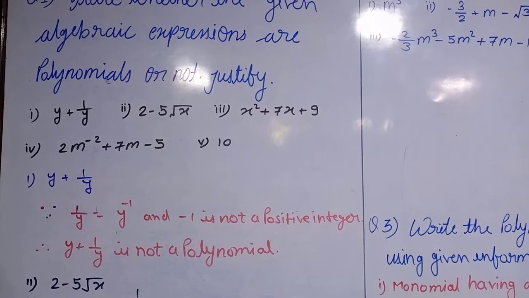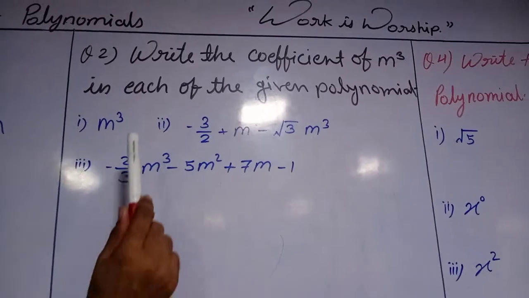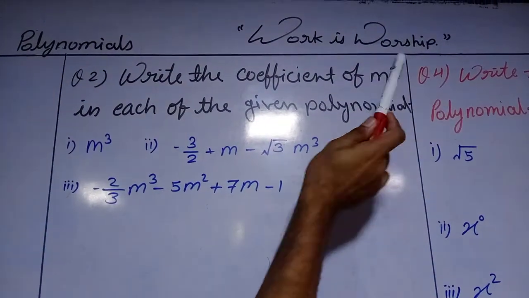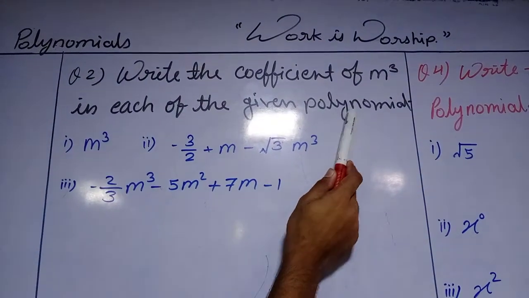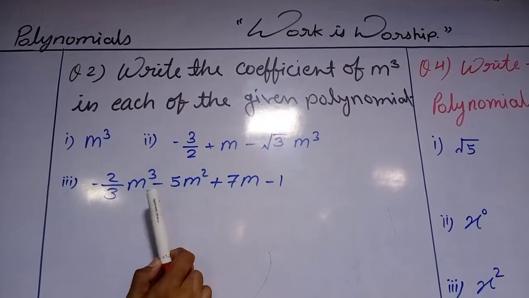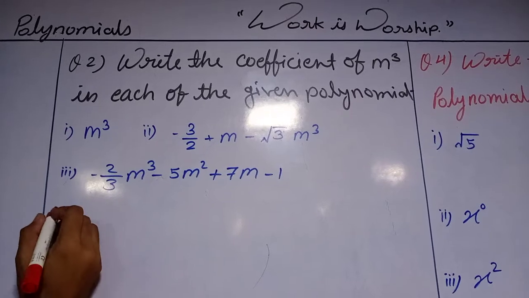Now move to question number 2, that is write the coefficient of m cube in each of the given polynomials. Coefficient of m cube means in each of the sums we have to find the coefficient of m cube. Let's start here.